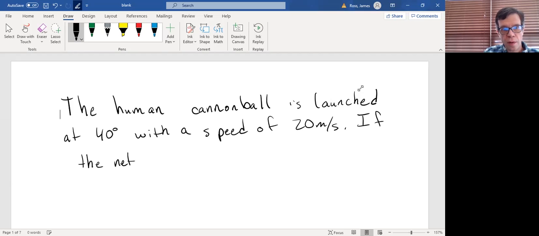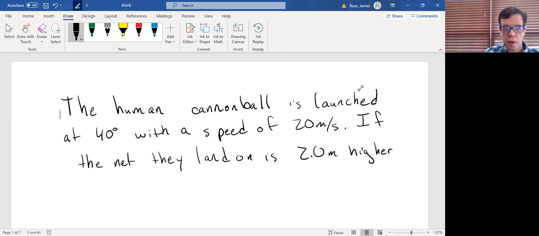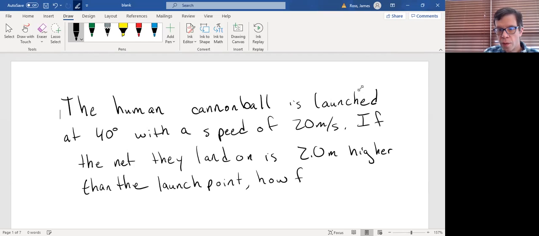If the net they land on is 2 meters higher than the launch point, how far away should it be?